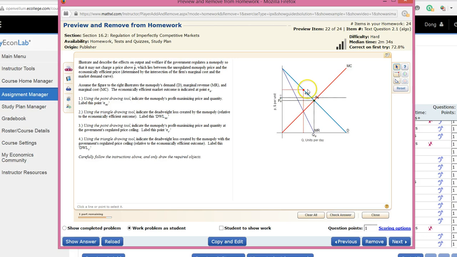For this portion of the demand curve, to the right of the equilibrium point until it reaches the economically efficient point, the willingness of the consumers to pay is higher than the marginal cost. That means theoretically the firm can find a price to charge these consumers and still make a profit.